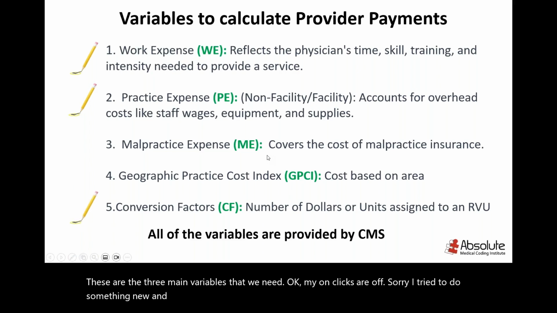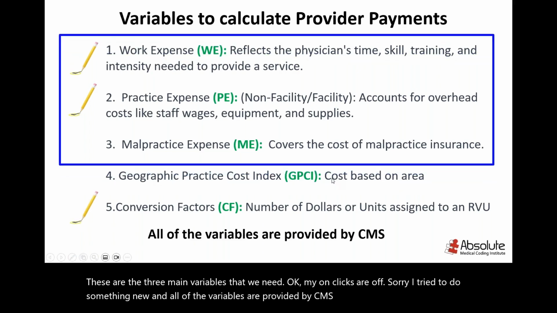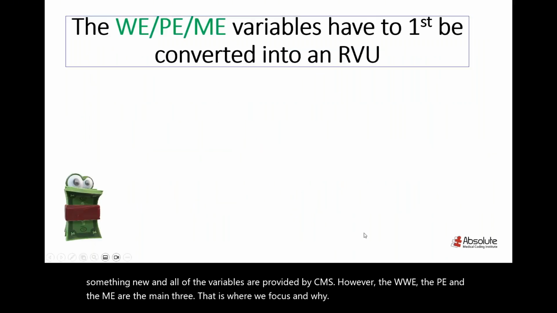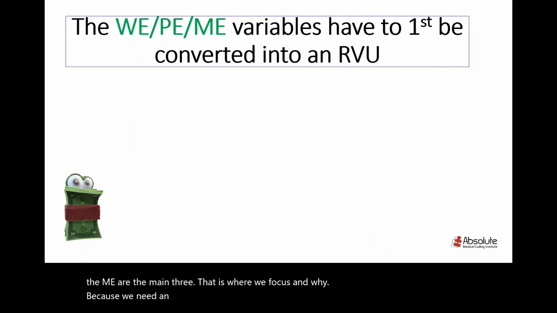And all of the variables are provided by CMS. However, the WE, the PE, and the ME are the main three. That is where we focus. And why? Because we need an RVU.